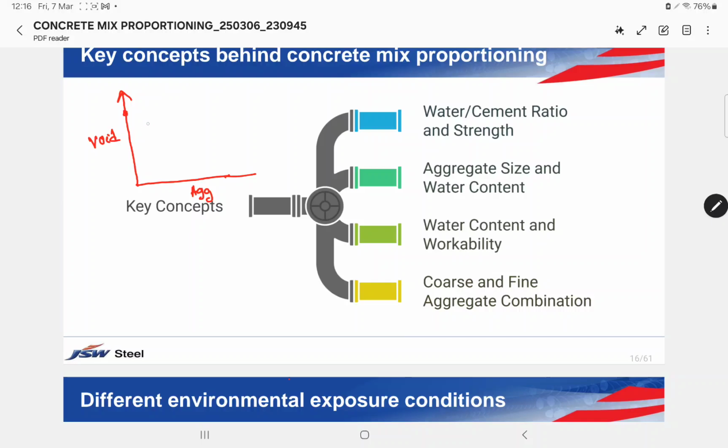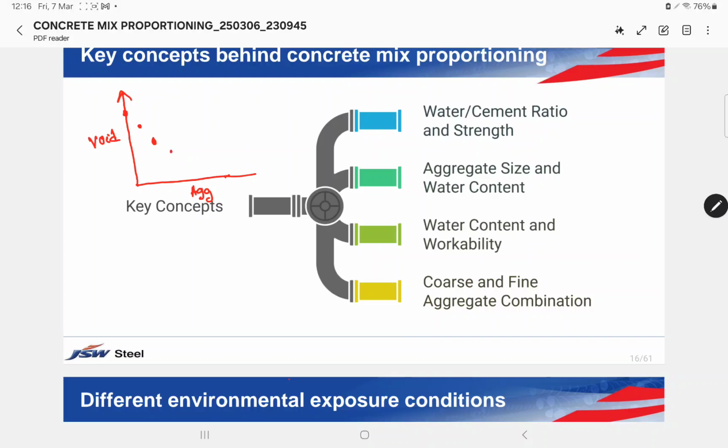But suppose I replace 20 percent of coarse aggregate with 20 percent fine aggregate. Then there will be some reduction in void. As I gradually increase the fine aggregate percentage, there will be a gradual reduction.